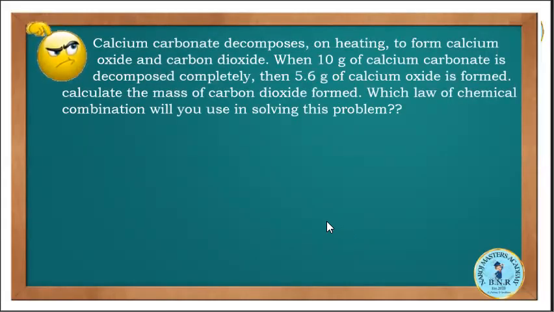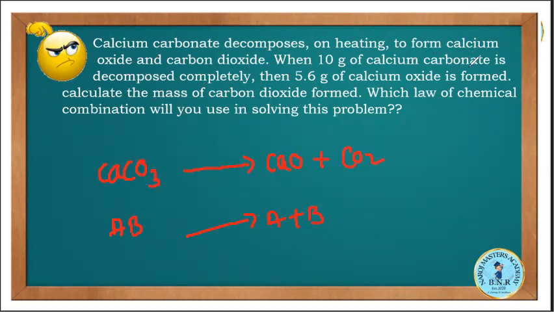Now, a very simple question. Calcium carbonate. The chemical formula of calcium carbonate is CaCO3. Decomposes means splitting. So this is AB, now to split into A plus B, to form calcium oxide and carbon dioxide, CO2.